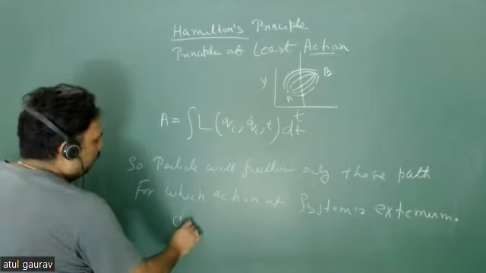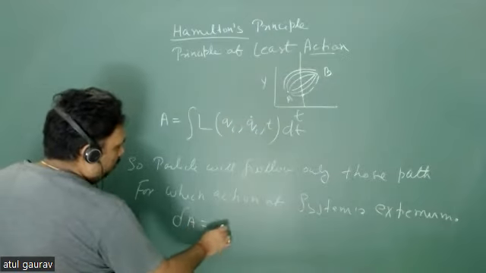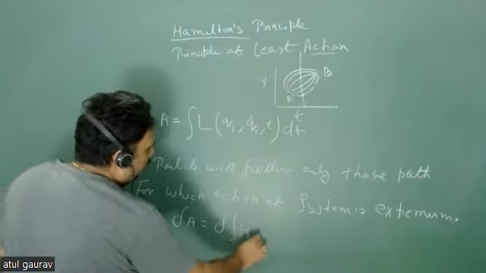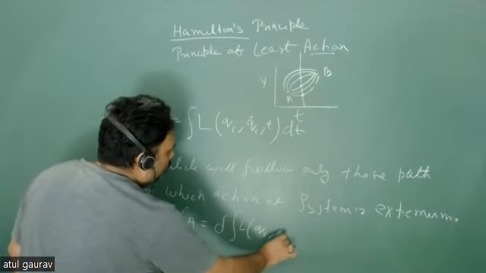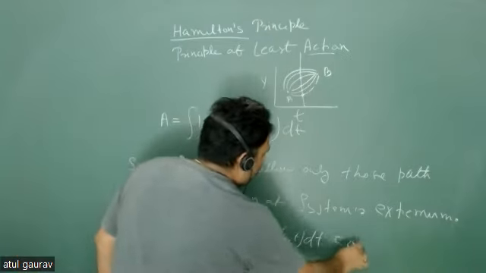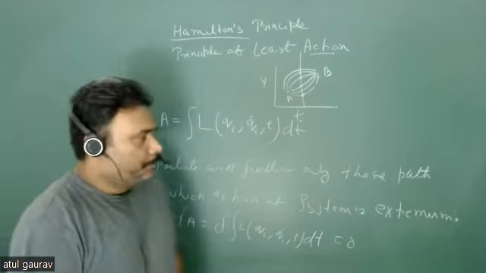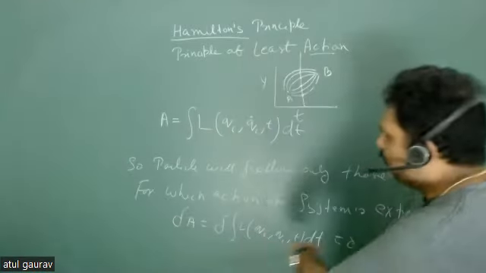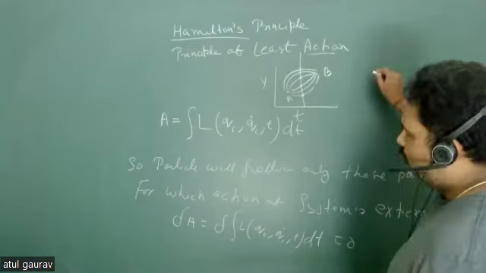The meaning of that is del A is equal to del of the integral of L(qi, qi dot, t) dt, which must be equal to 0. And now we have calculus of variation, isn't it?